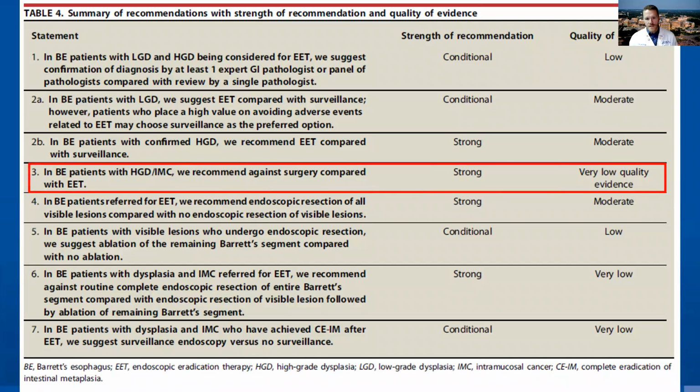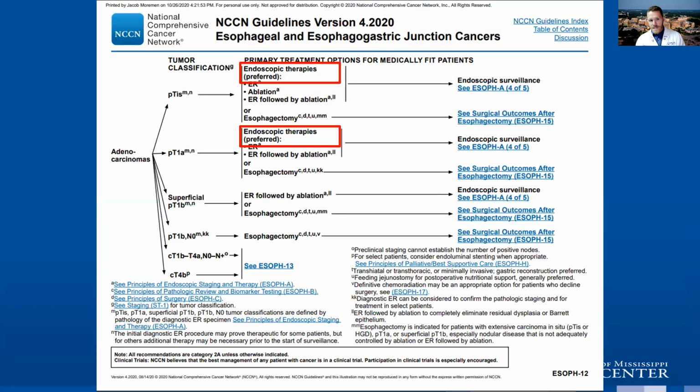So then to round that out in terms of the gastroenterology societies, this is from the ASGE, and for Barrett's with high-grade dysplasia or intramucosal cancer, they recommend against surgery. Looking here at the NCCN guidelines, which we would think of largely as surgical guidelines, we see a similar trend in the in situ cancer and the T1A.